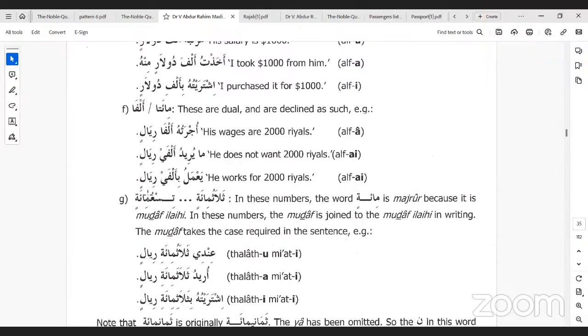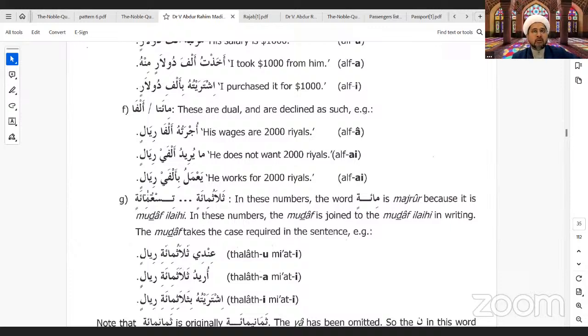So we will use alfani or alfaini if there is no riyal in front of it. Absolutely right. When alfain is being used by itself, like there's a book in Arabic by Allama Hilli, which is called Alfain. What does Alfain mean? 2000.